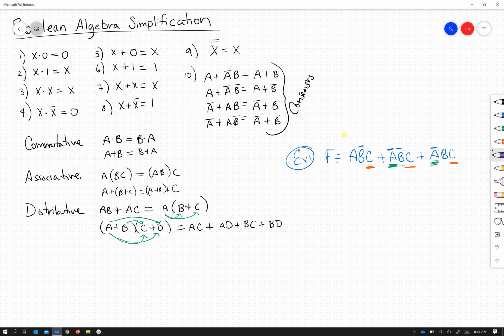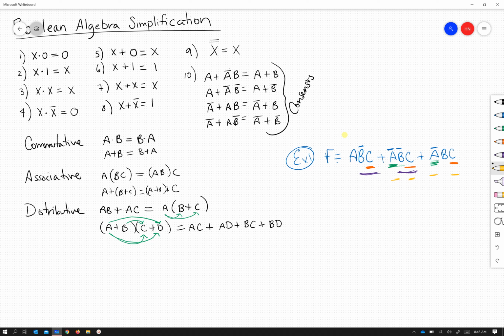Another option is I have not B ANDed with C on these two, but not on the last one. I also have a positive C on this one and that one. So there are many options as to which ones I can factor out using the distributive property. I've had a lot more success, and it's simpler and the simplification happens faster, if instead of taking out one letter, like the orange one, C, from multiple places, that's not better.